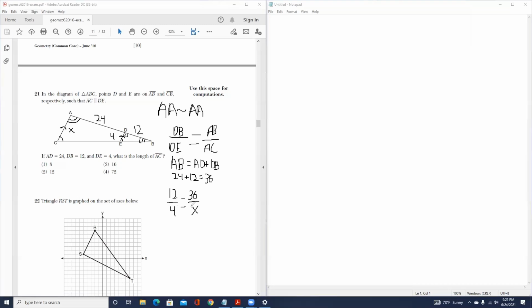If you multiply both sides by 4x, you will get that 12x is equal to 144. This makes x equal to 12. And therefore the correct choice is choice 2.